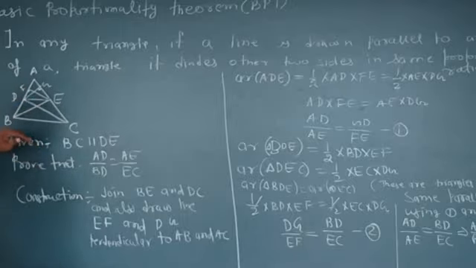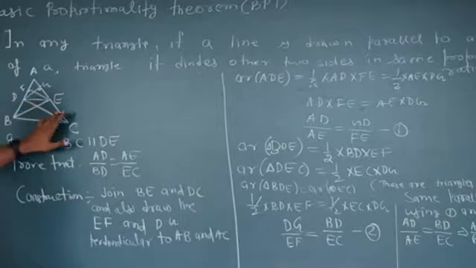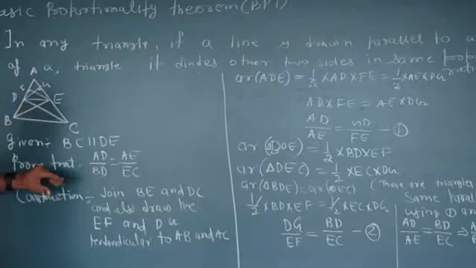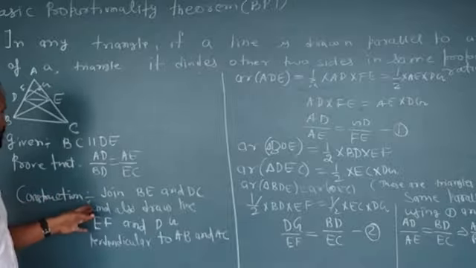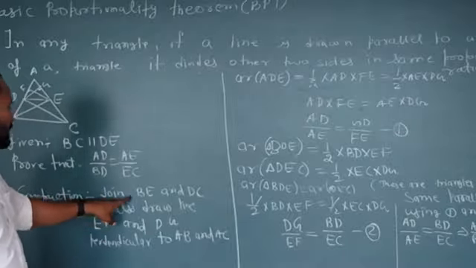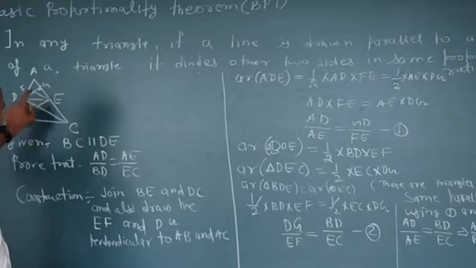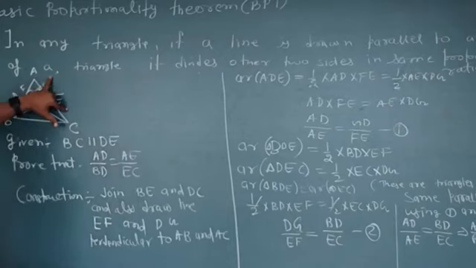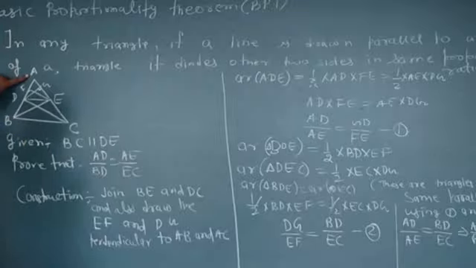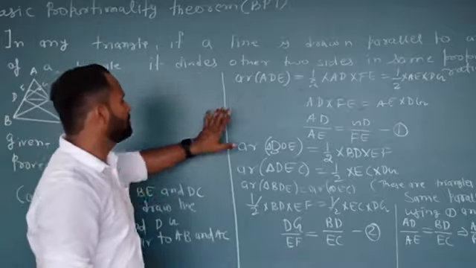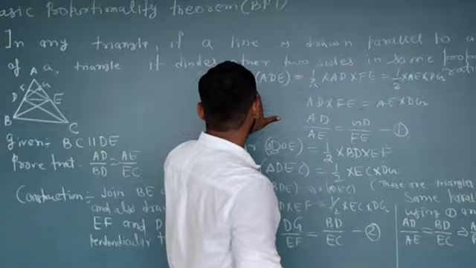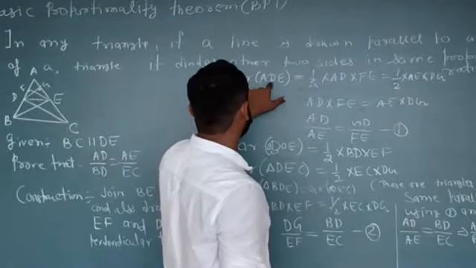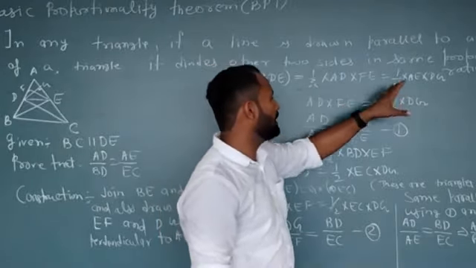Now we are drawing a line parallel to BC, that is DE, and we have to prove that AD upon BD is AE upon EC. For that, we have done some construction. We have joined BE and DC, and we have drawn two perpendiculars, one on side AC and another on side AB.